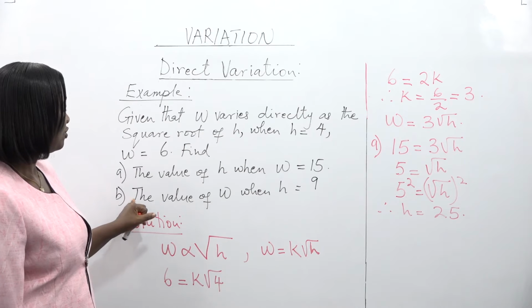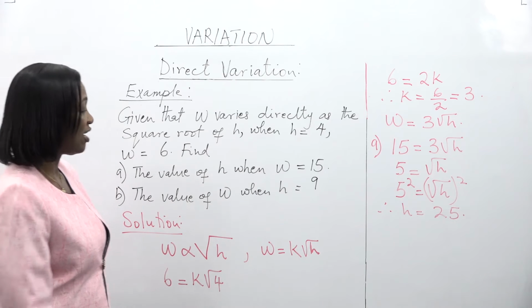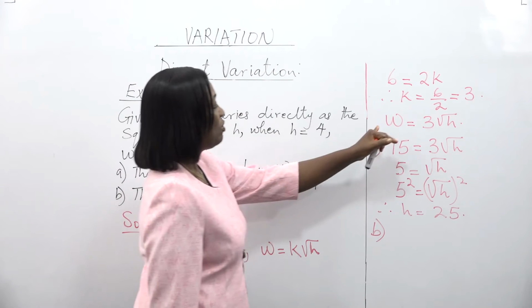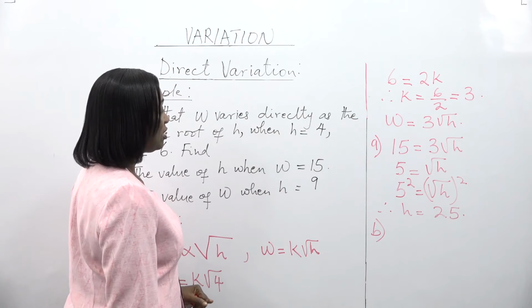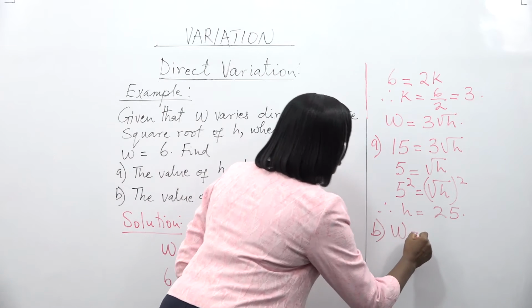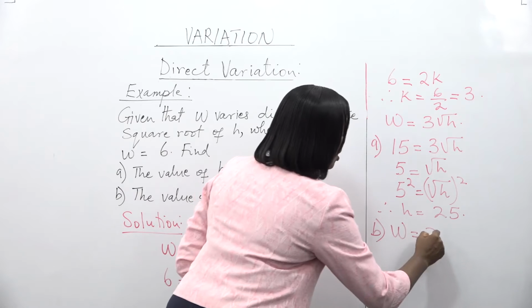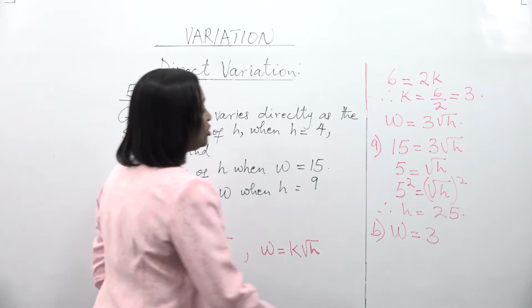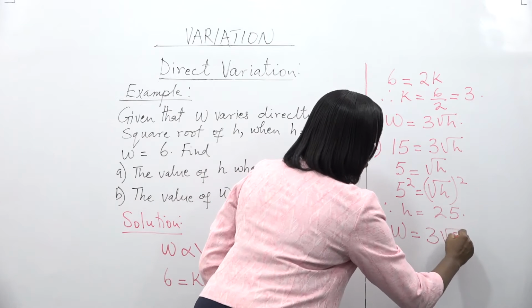The next question is to find the value of w when h is 9. So for B, we're using the same equation. We're finding the value of w this time. So w is equal to 3 root h, and h is 9. So 3 root 9.